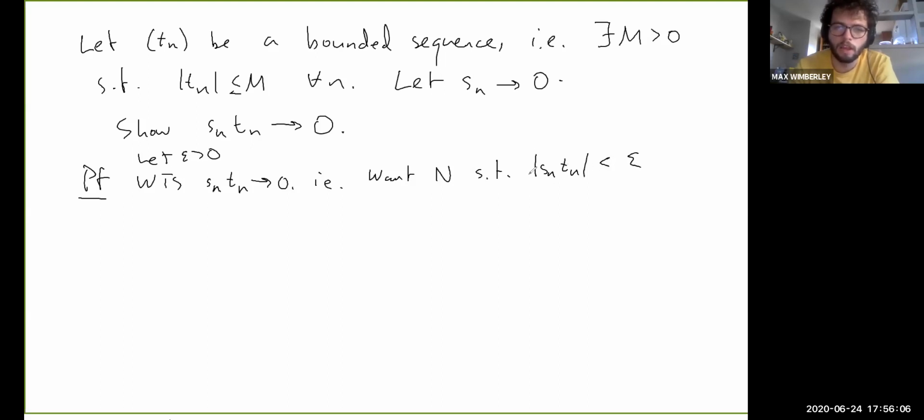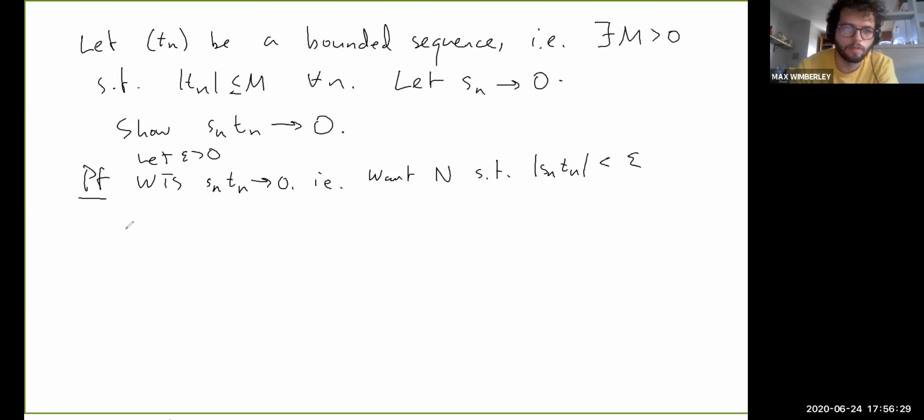So we want to get a handle on how big this can be. There are two things here that we have to control. One of them is Tn, which we have an upper bound on. So that's how we can control Tn. And then we can use the convergence of Sn, which converges to 0, to control how big Sn is.